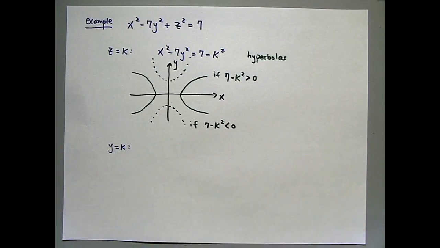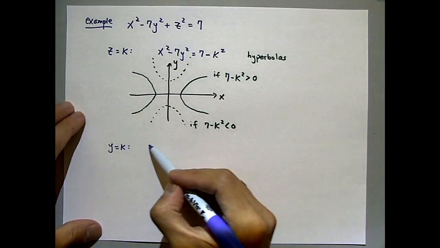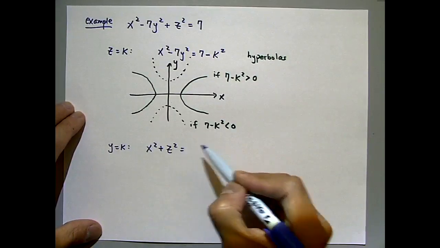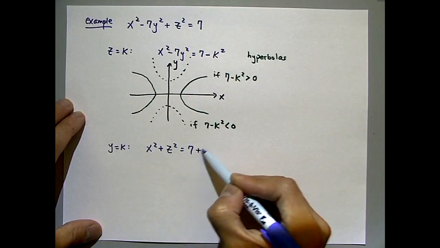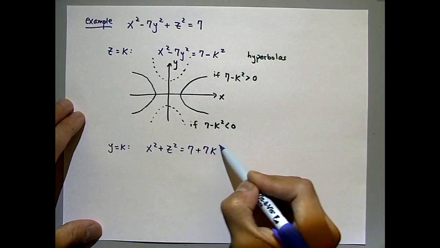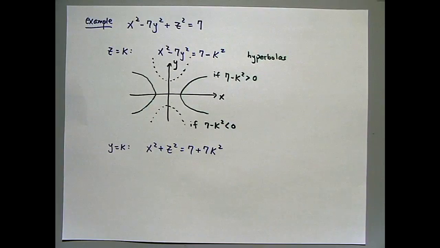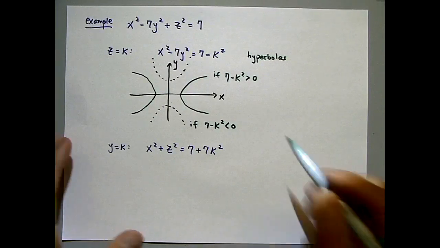Now let's proceed on to y is equal to k, and we get x squared plus z squared is equal to 7 plus 7k squared. And we've seen this before. It's the same y is equal to k shapes as the last example. Circles, right?